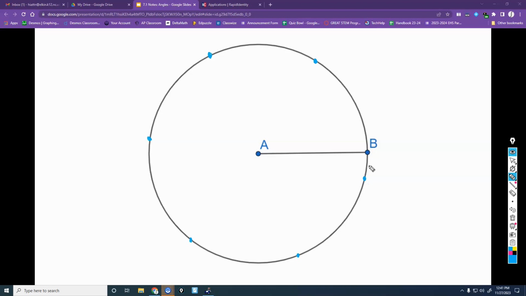Okay, and once you have all of your dots, I want you to draw a line from your center to each one of those dots on the edge.